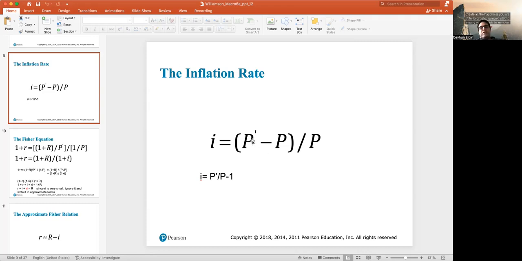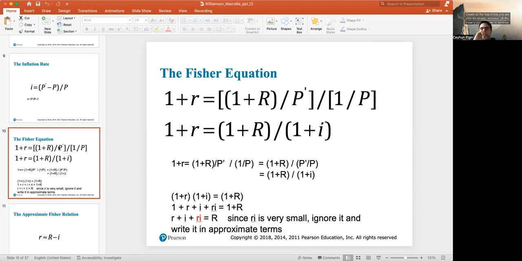So the percentage change in CPI is simply going to be P prime minus P divided by P, or in other words, P prime over P minus 1. These are just the same thing. This is what we call inflation. For example, if P is 100, P prime is 120, then 120 minus 100 divided by 100 gives 20% inflation.